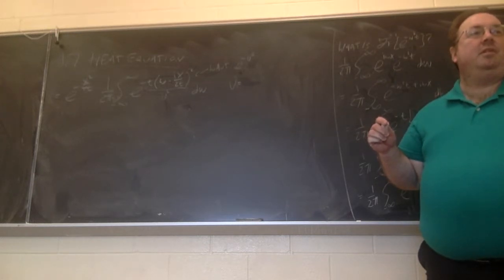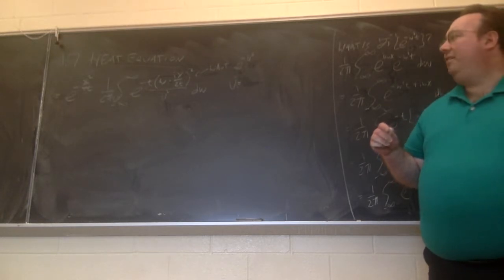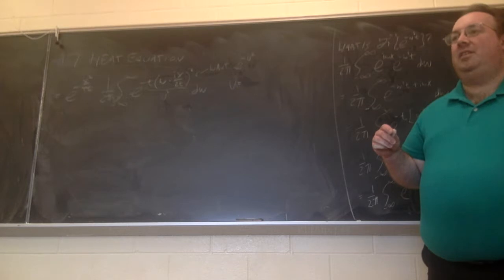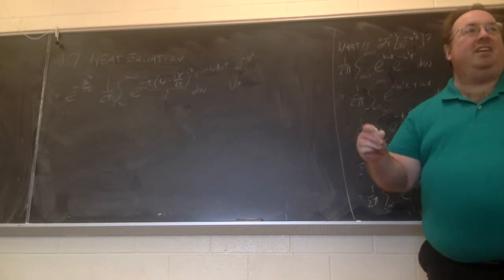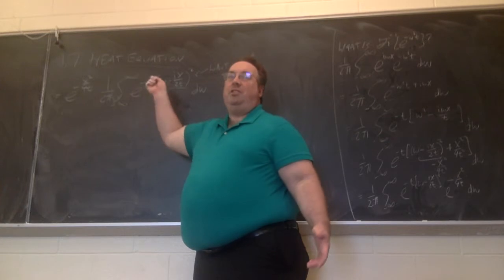Like the inside of the parentheses? Okay. Is it just going to be like omega minus ix over 2t times the square root of t? Yeah. It's actually the square root of this whole thing. Okay. So that means square root of t also.